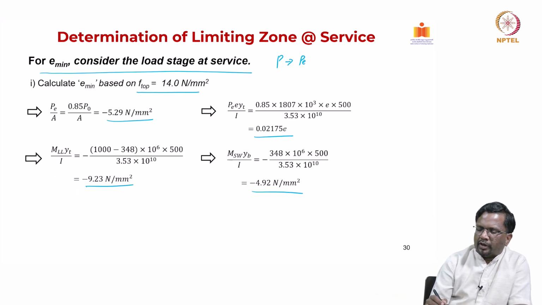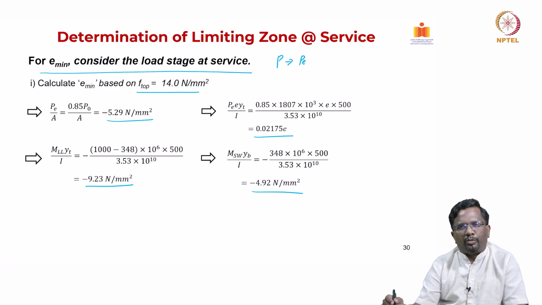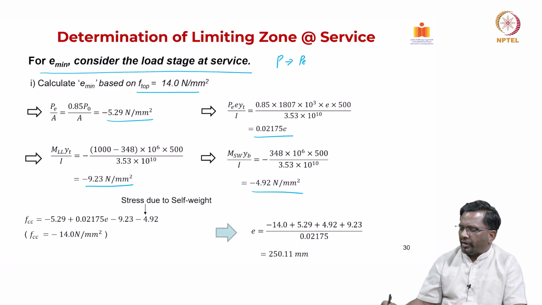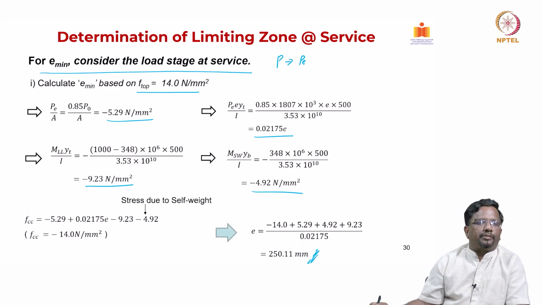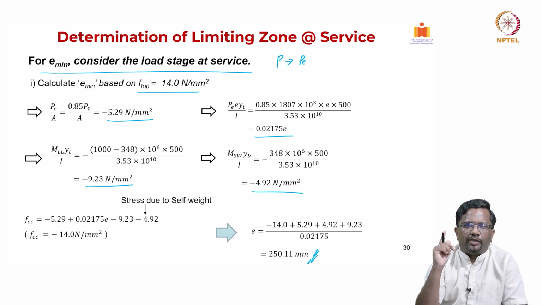So you see here at the top both live load and self-weight will create compression, negative. Concentric pre-stress component will give negative compression, only the moment component of pre-stress will create tension, that will be plus. So you equate everything to negative 14 megapascal, then you find the value of e, that works out to be 250 millimeter. This is again based on the service condition for stress at top.